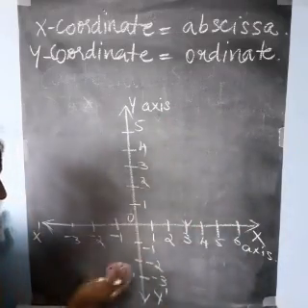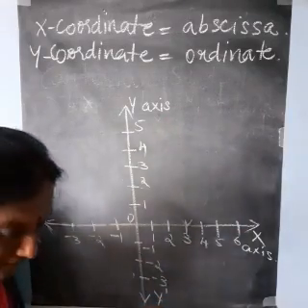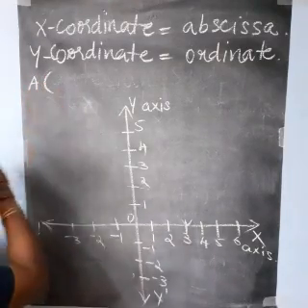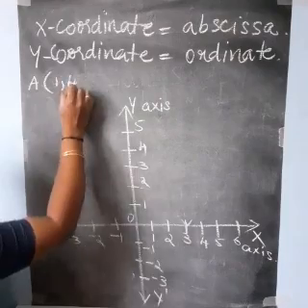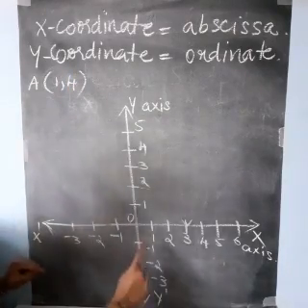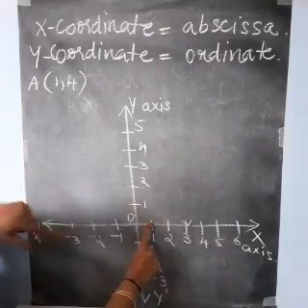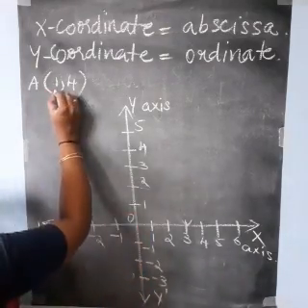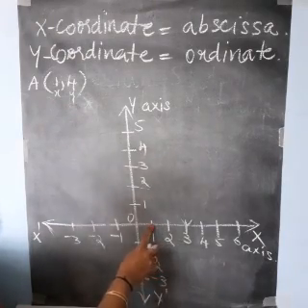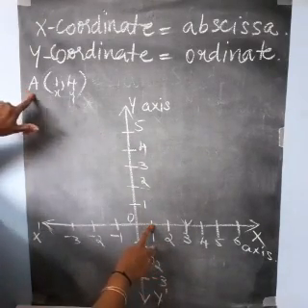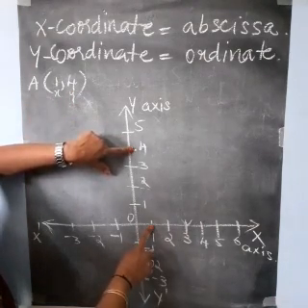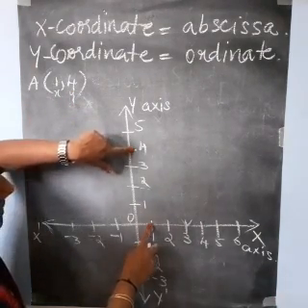Now let us see how we can plot points. Supposing they ask you to plot a point, say we'll name the point A of 1, 4. What you will do is, keep your finger here, the first value is x and this is y. So x coordinate is 1, so keep your finger at 1, and the y coordinate is 4, so keep your finger at 4, and extend this.